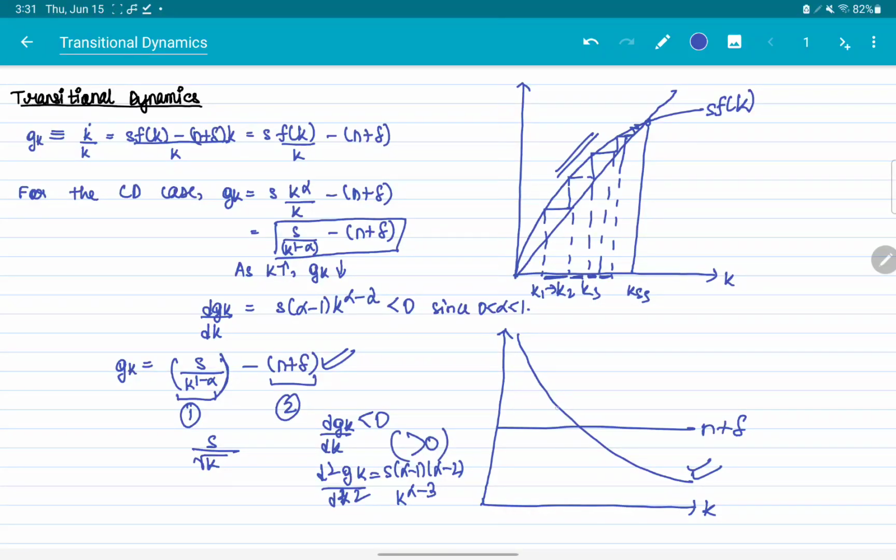Which means your slope is increasing, and this is a convex downward sloping function, which is what we have graphed here. So this is s by k to the power 1 minus alpha.